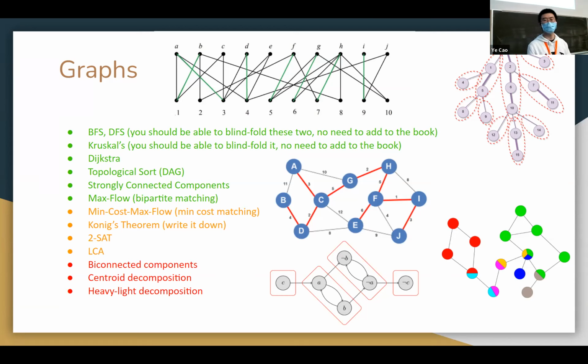Min cost max flow, which not only computes the max flow, but computes what's the max flow that has the minimum cost. Konig's theorem is not really an algorithm, but a theorem about bipartite graphs. It states that in a bipartite graph, the size of the maximum vertex cover equals the size of the minimum vertex cover equals max matching, and minimum edge cover equals the size of the maximum independent set.